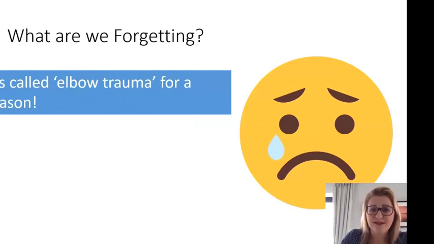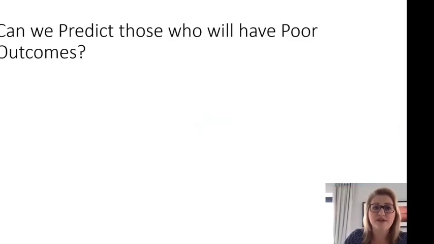And what we're forgetting is that it's called elbow trauma for a reason. And it is quite a traumatic event for many patients, and we need to respect that, and we need to maybe address the other factors around the elbow to try and help get that elbow moving. So can we predict those who will have poor outcomes, who might not improve until we sort out the other things?